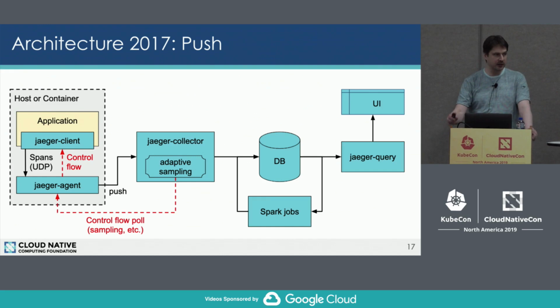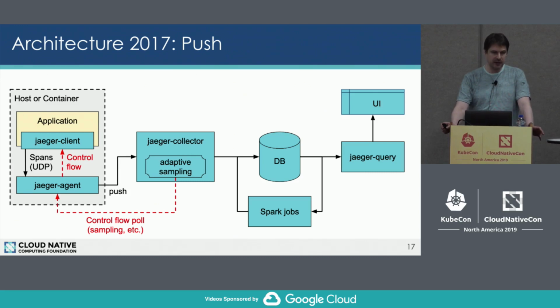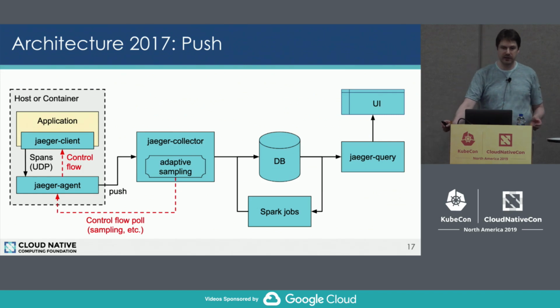The classic architecture, what was originally rolled out at Uber, had a Jaeger client in every application sending data over a UDP port to an agent running on localhost. You could also run the agent as a sidecar. It depends on your tenancy requirements. At Uber, it was easier for us to just run one single agent per host because we don't have tenancy requirements. And then the agent takes care of locating where the rest of the Jaeger backend is, communicating with it and passing the data through.